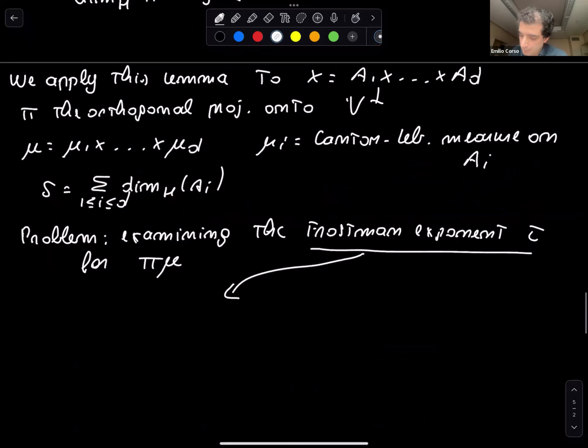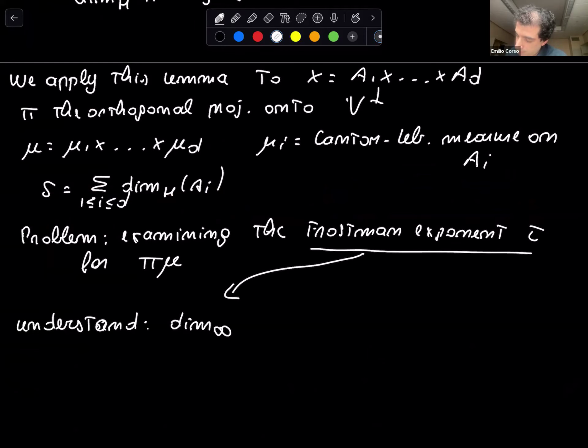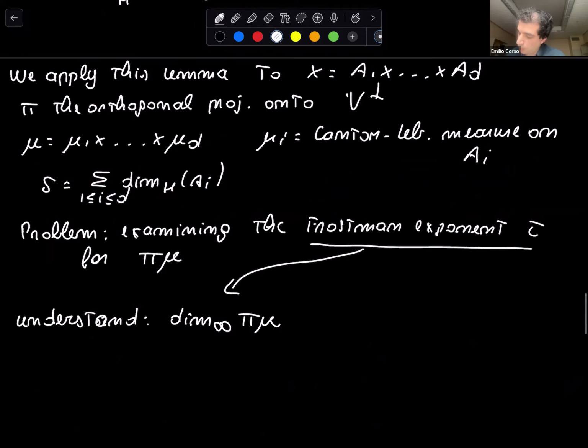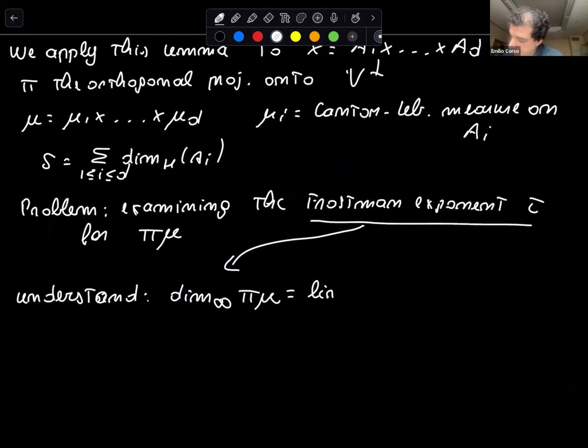So we want to understand what is known as the L infinity dimension of the measure π μ, which is defined as the limit as m tends to infinity of the exponential decay rate of the supremum of all measures of cubes of a certain dyadic size.